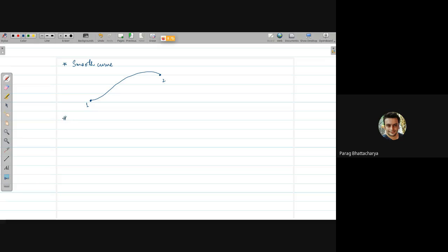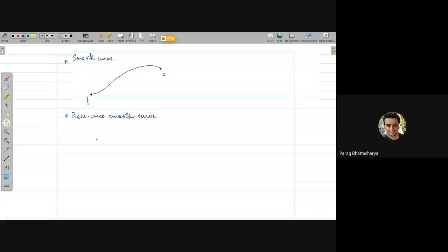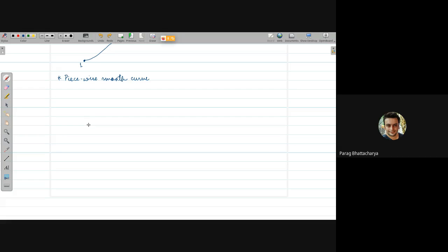Then a piecewise smooth curve. So this is a smooth curve. A piecewise smooth curve is made up of many smooth curves.